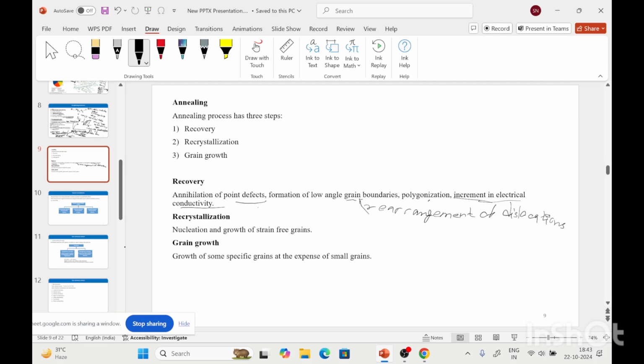Next is the recrystallization process, in which the nucleation and growth of strain free grains is generally observed. And during the grain growth, some grains which have the favorable orientation grow at the expense of small grains which do not have the favorable orientation.